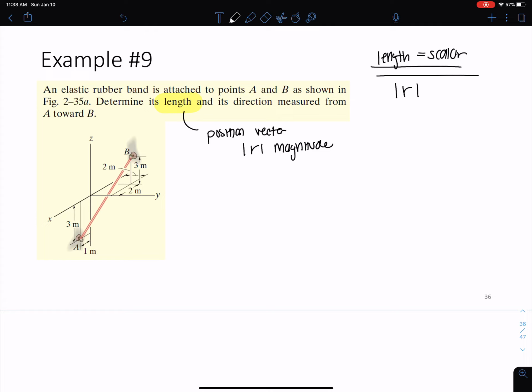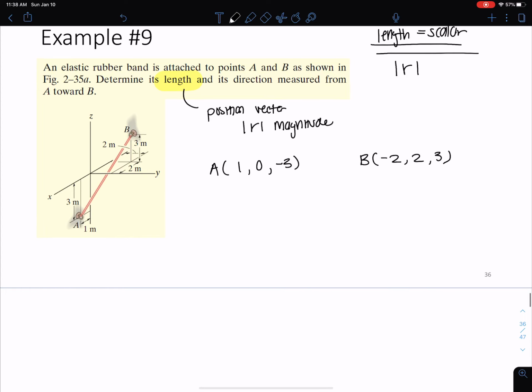Well, to get the position vector, let's write out what are the coordinates of point A. For point A, I need to go 1 on the x in the positive direction, 0 on the y, because it acts only on the x and z there, you can see, and -3 in the z direction. To get to point B, I need to go -2 in the x, the opposite direction, +2 in the y, and 3 in the z. So from this, I can directly solve for my position vector, right?